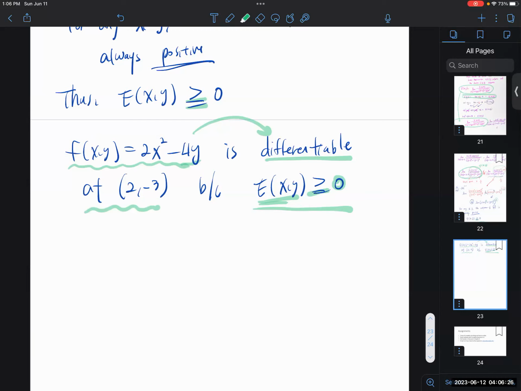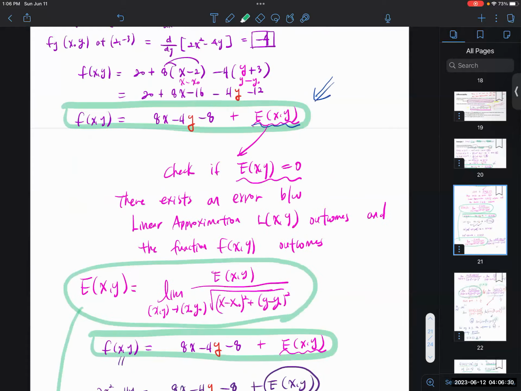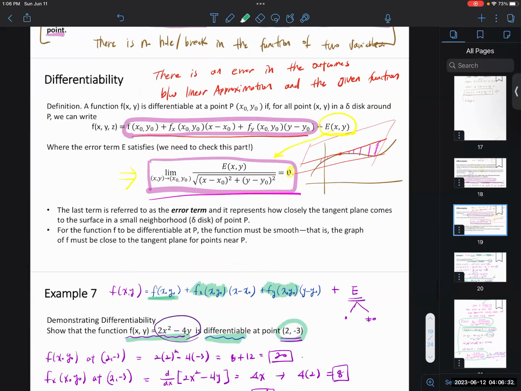It's smooth, which means it's differentiable. So that's how you check differentiability, by looking at whether the error equals 0. This is the last concept for 4.4. All you need to do is check the error part, whether there's a possibility it could be 0.